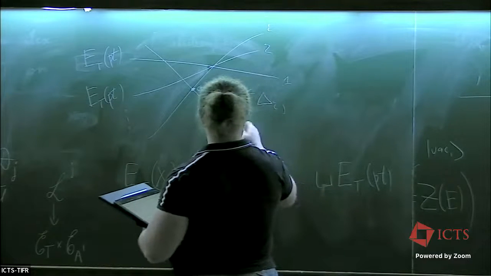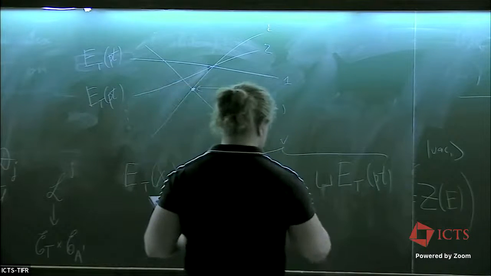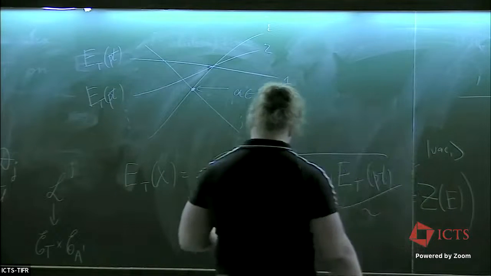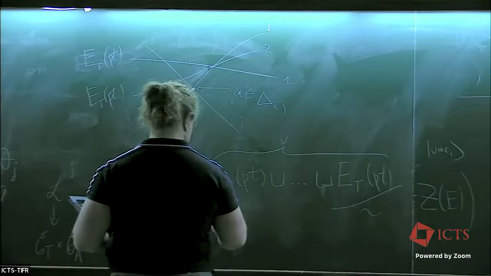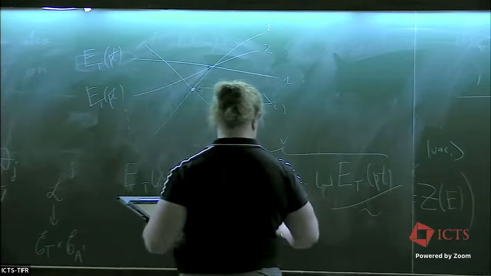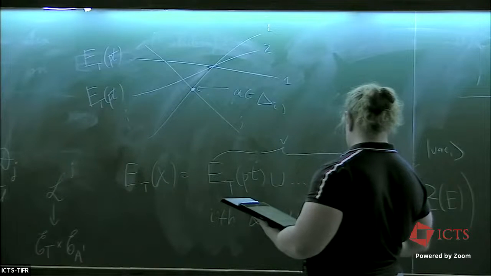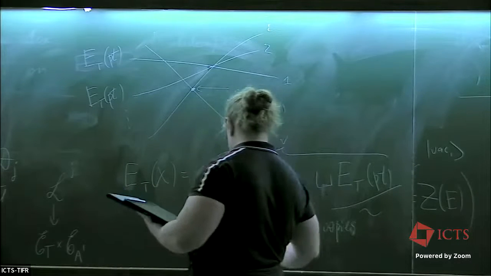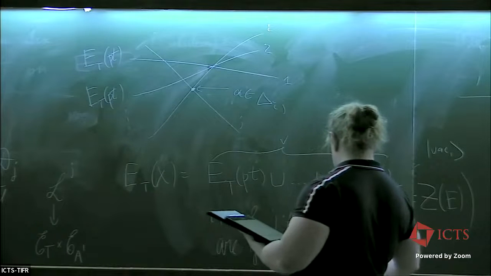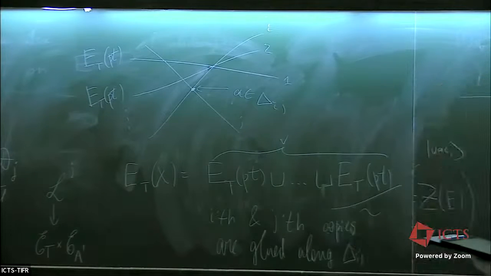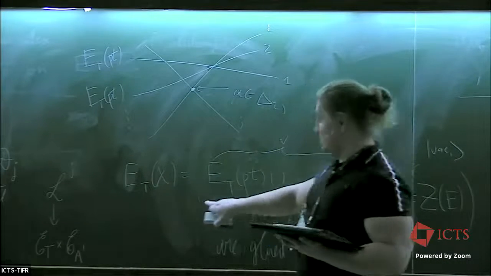There are V of them, and then I quotient by an equivalence which says that the ith and jth copies are glued along this delta ij, where the vacua start talking to each other. Now, this is the extended elliptic homology variety of X.